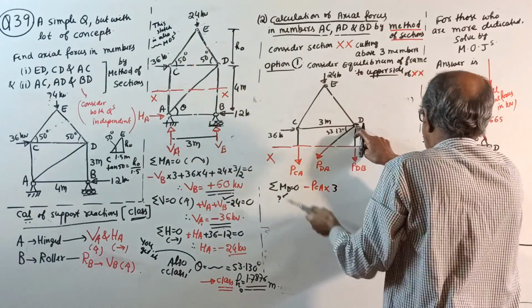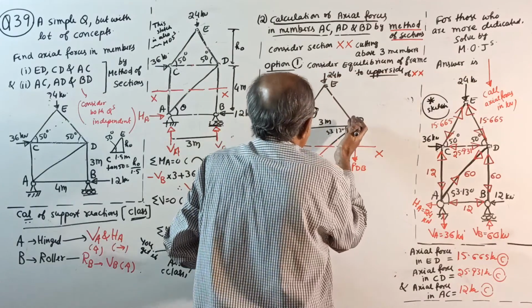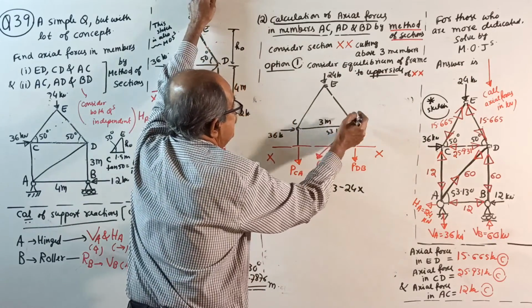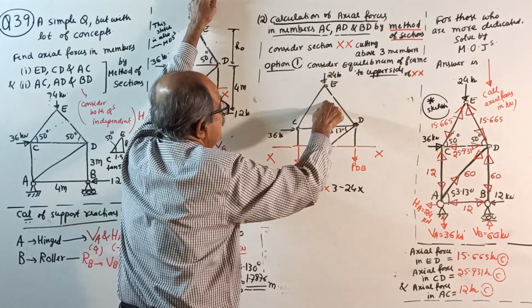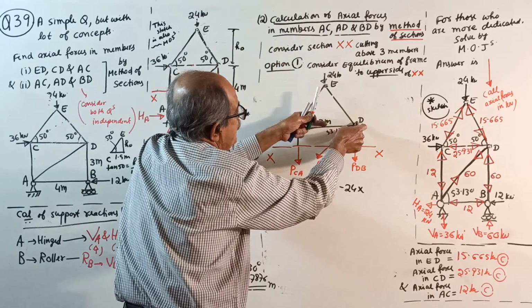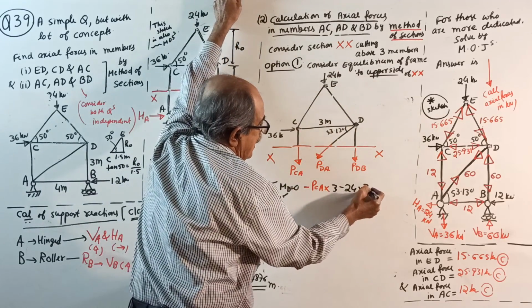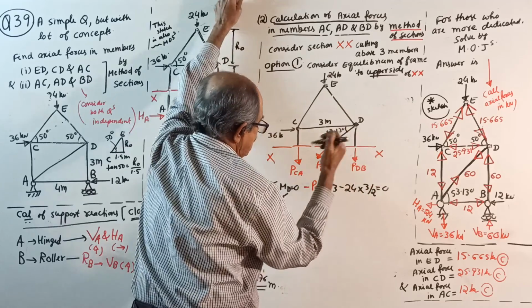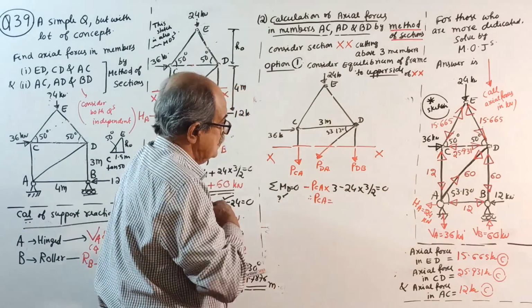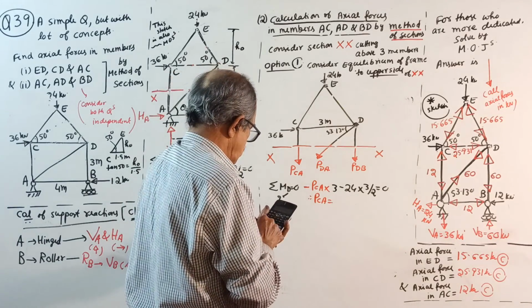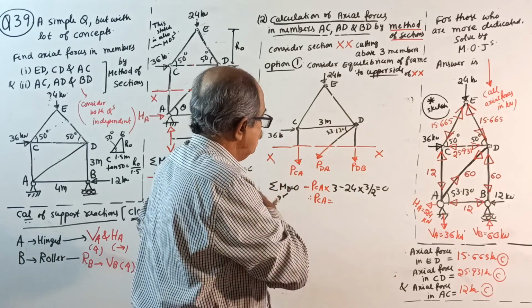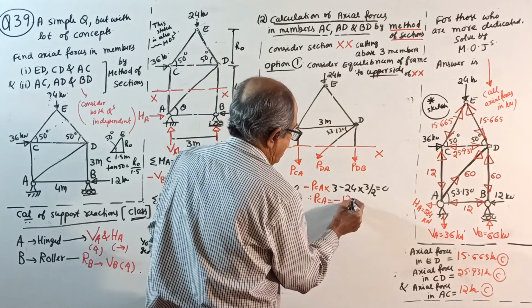Minus PCA into 3, again minus 24 into, moment about this point, 24 into this half, from here to up here is 3 by 2, high school mathematics, equal to 0. Therefore, you get the value of PCA. 24 into 1.5 divided by 3, minus 12 will come. You get minus 12 kilonewton.